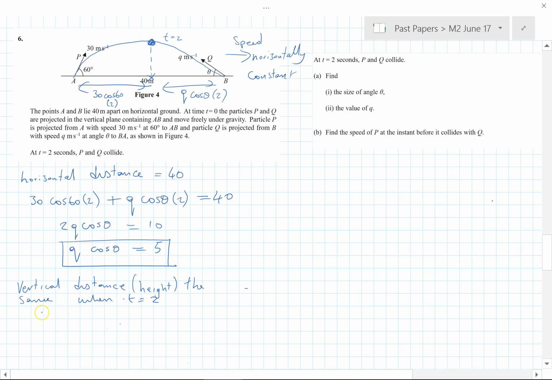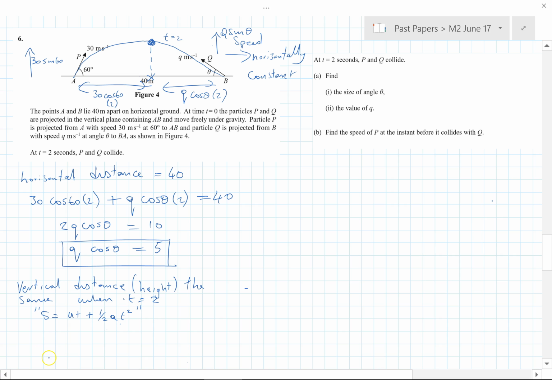Our components vertically here: 30 sine 60 is the vertical component for this one, and this one's q sine theta. We also know t. So we're basically going to be using s equals ut plus a half at squared on both of them, and using the fact that they're the same.